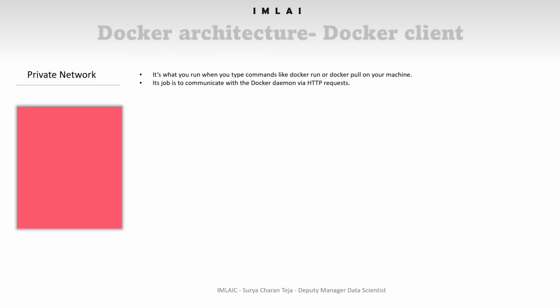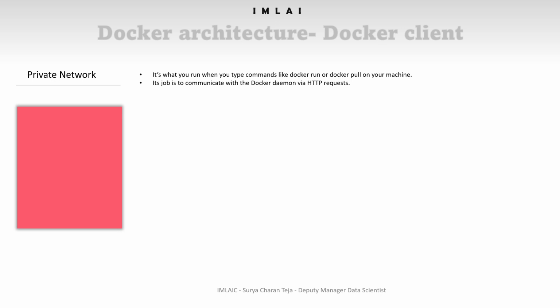So now let's specifically look into the Docker client. We have seen the whole architecture and the demonstration of that also. But now let's look only into the Docker client, and some facts about it. The Docker client is the simplest component in the Docker architecture.